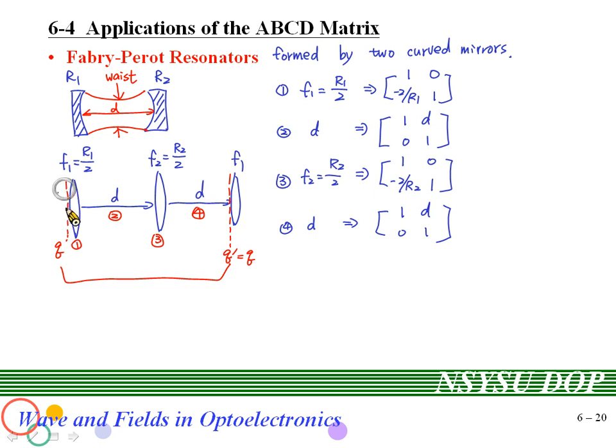Initially, the q value of the Gaussian beam is q, and after passing through the four steps, q is transformed to q prime. Because this forms a resonator, the mode after a round trip will still be the same mode, so q prime will be q. This is the condition for a resonator.